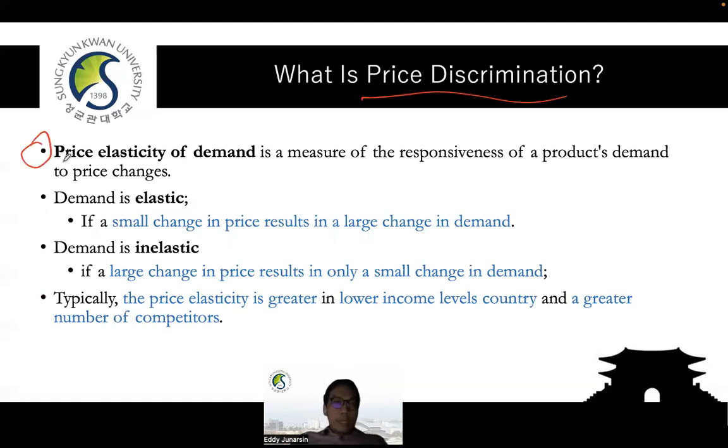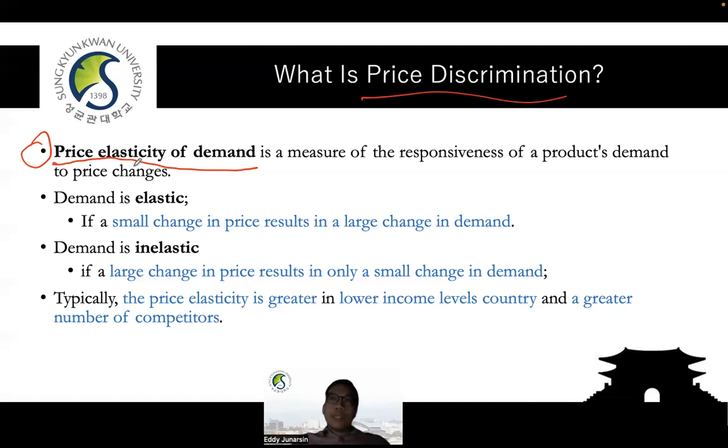The key factor here is the elasticity of demand. Right? Is the demand elastic? Elastic means the change in demand as a result of the change in price.